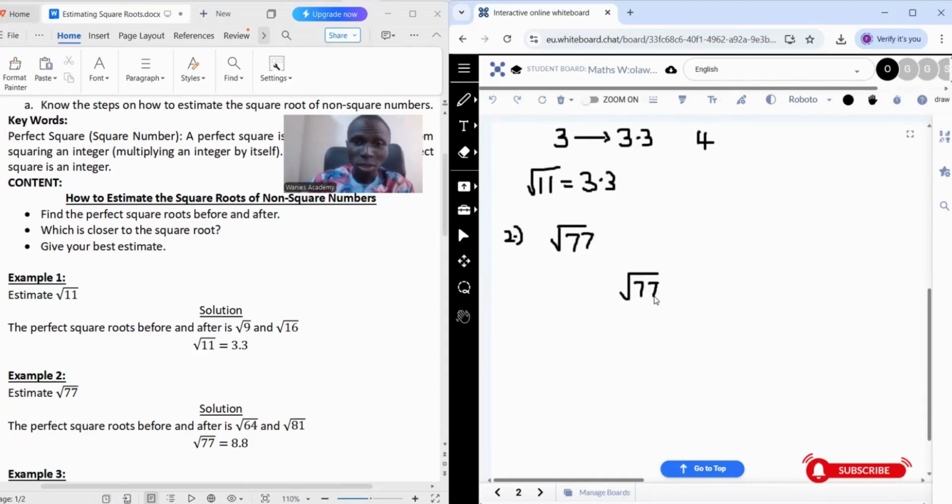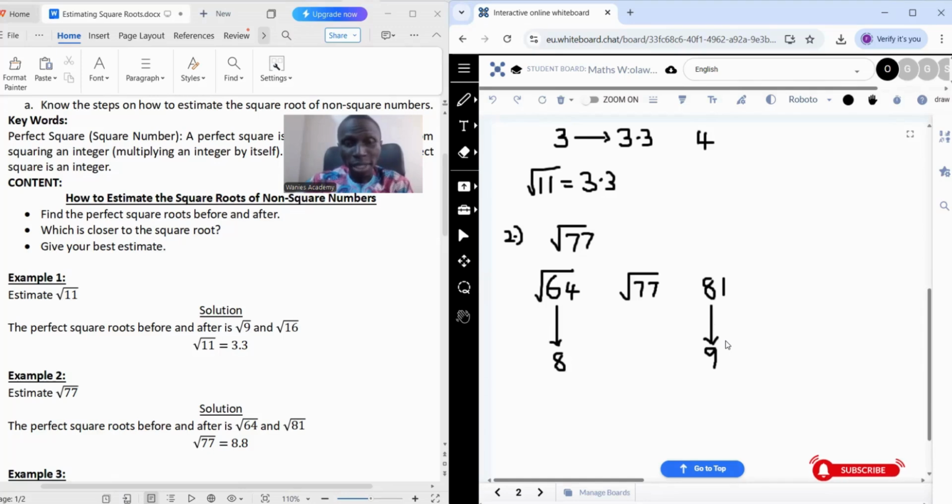And we have that to be 64. Also, the perfect square that is just after 77, we have that to be 81. Then the square root of 64, we have this to be 8. And the square root of 81, we have this to be 9.